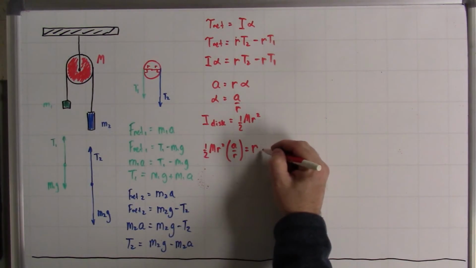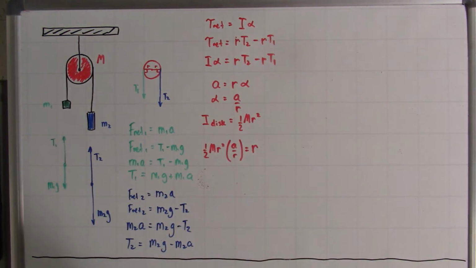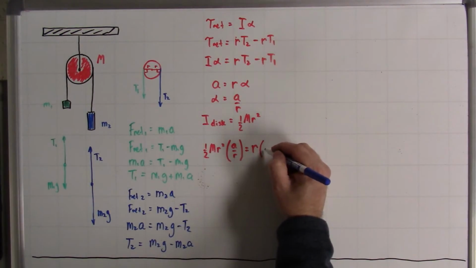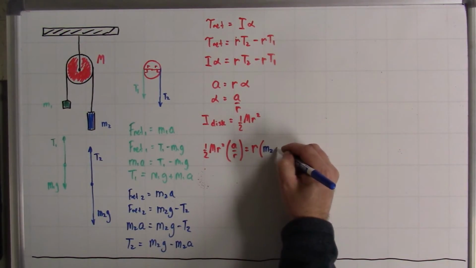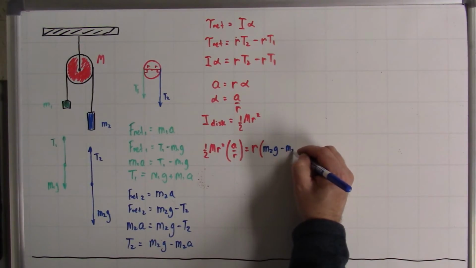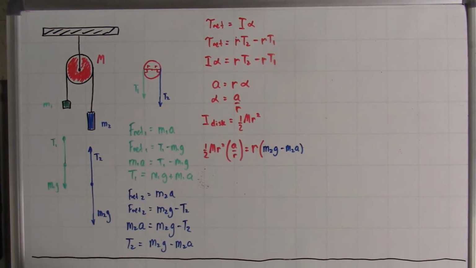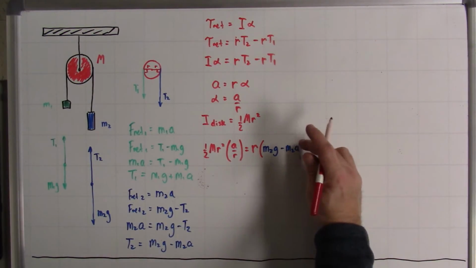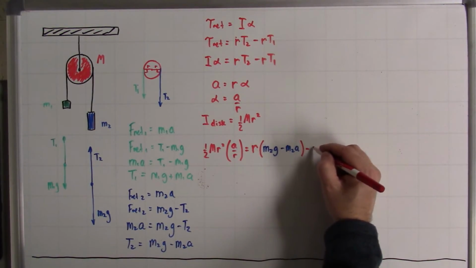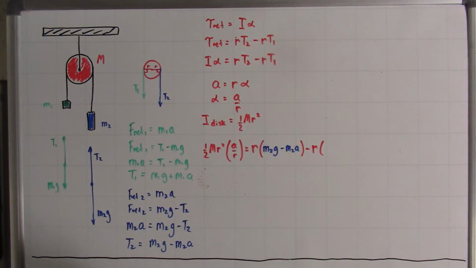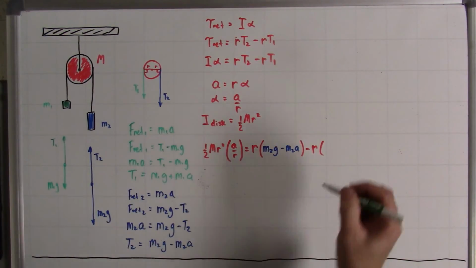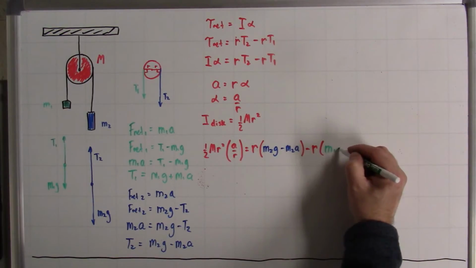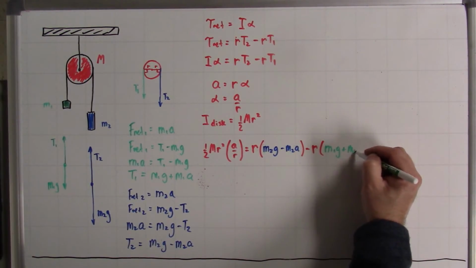So we have RT2 minus RT1. Here, T2 is equal to M2G minus M2A. Minus R times M1G plus M1A.